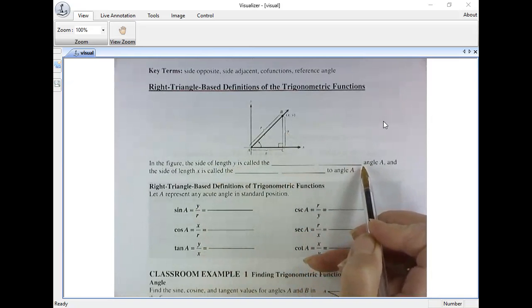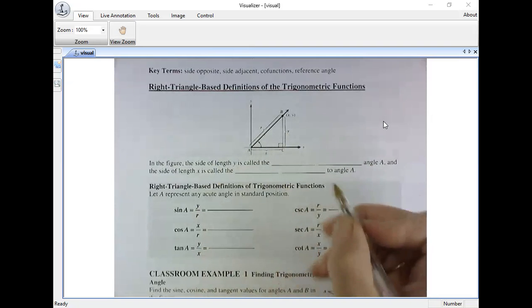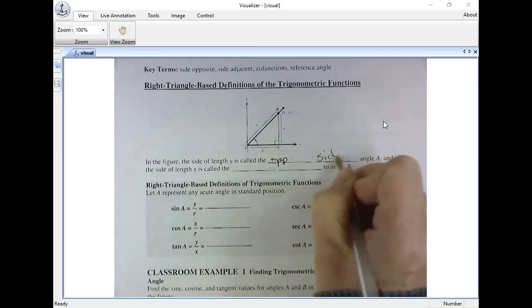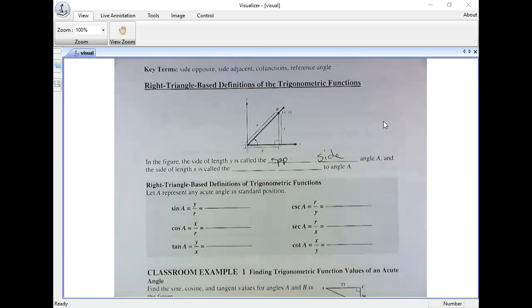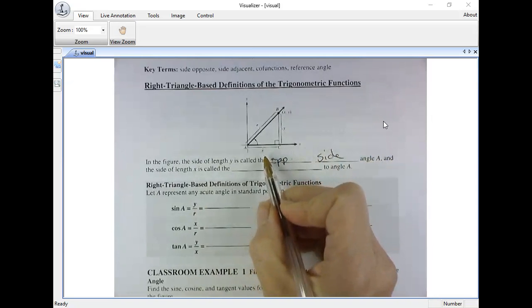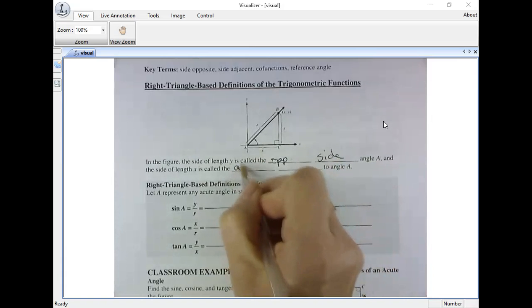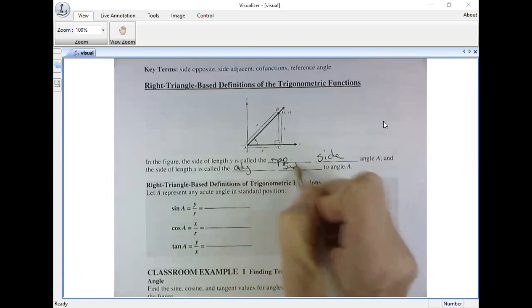It is the opposite side to angle A, and X would be which side? The adjacent side to angle A.